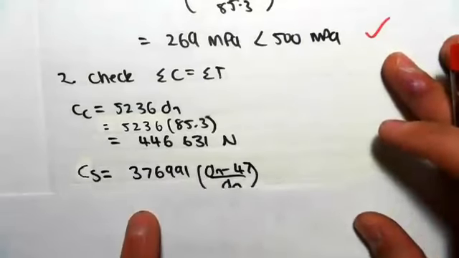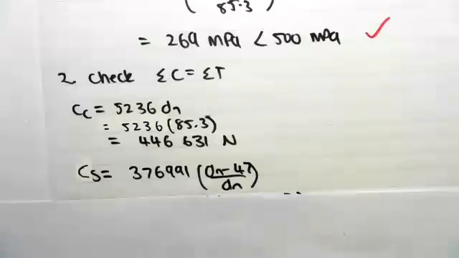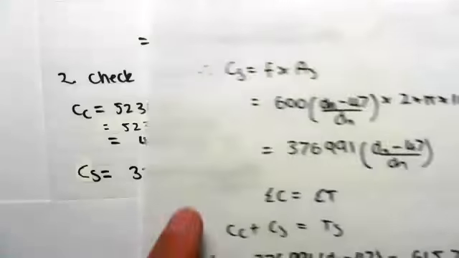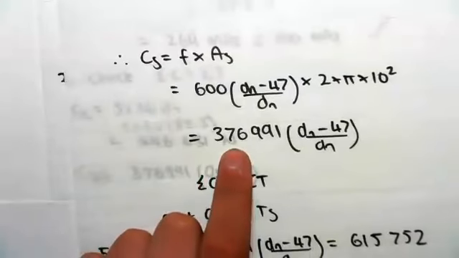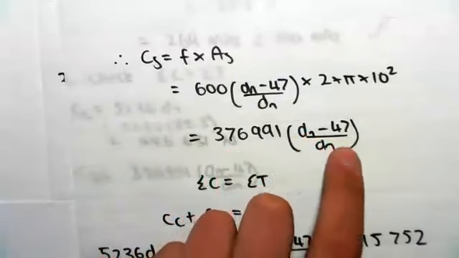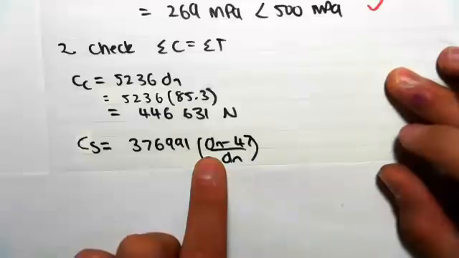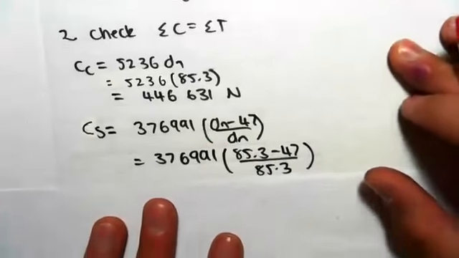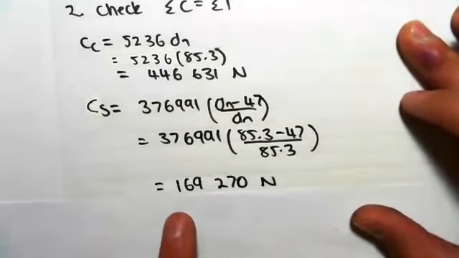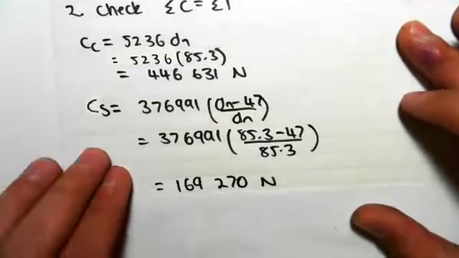The compression in the steel we reduced down to this formula before, 376,991 outside of dn minus 47 on dn. Subbing in for dn, 85.3, and solving that, we get 169,270 newtons.